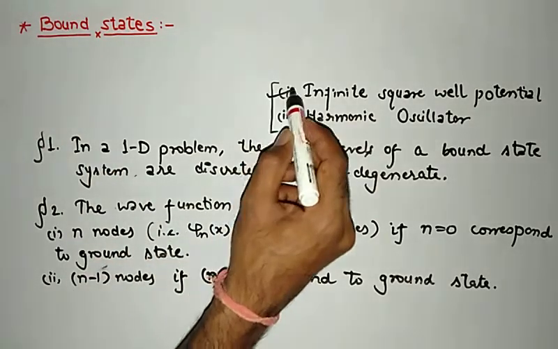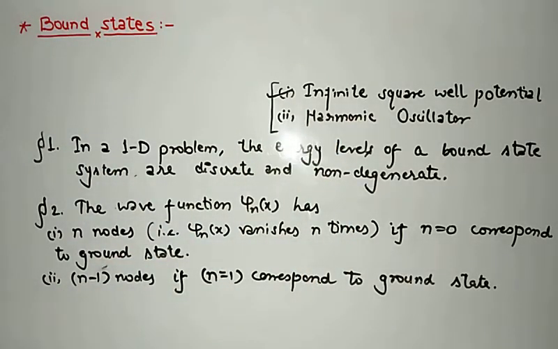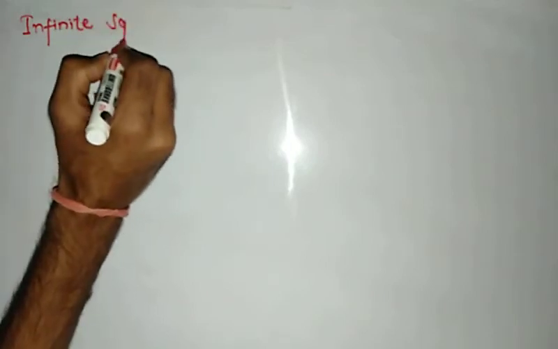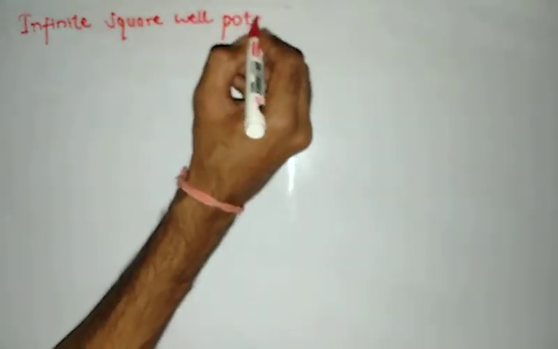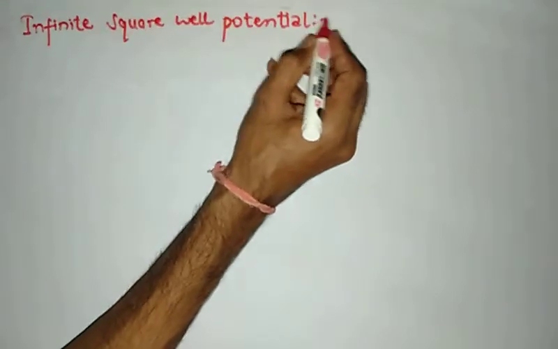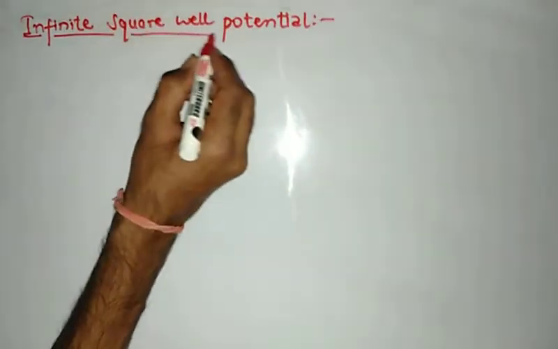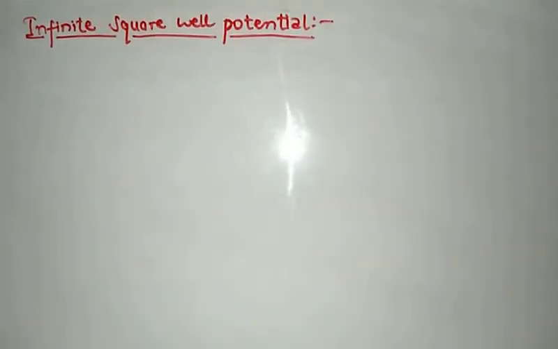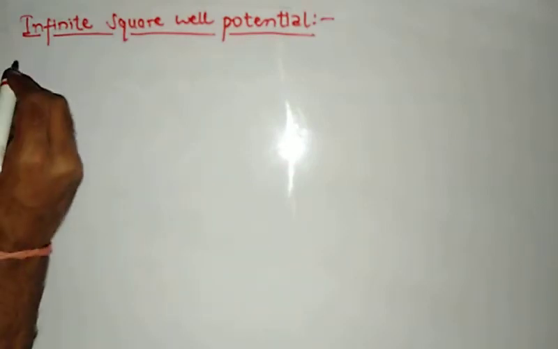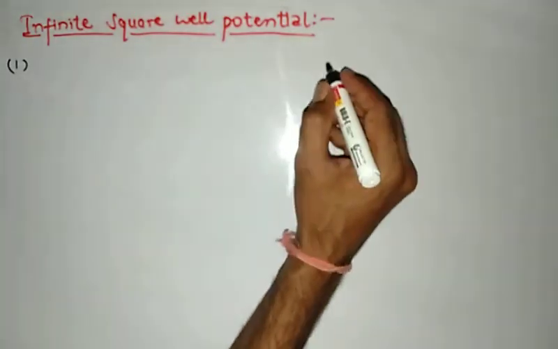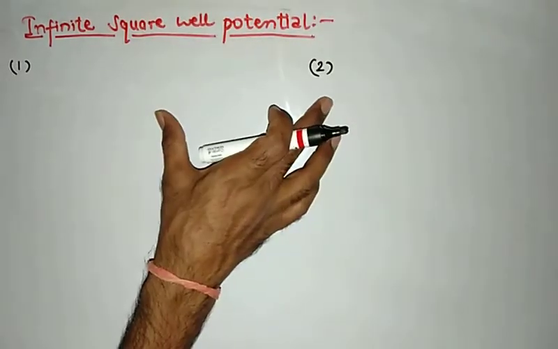So, let us deal with the infinite square well potential. In this, basically there are two parts.